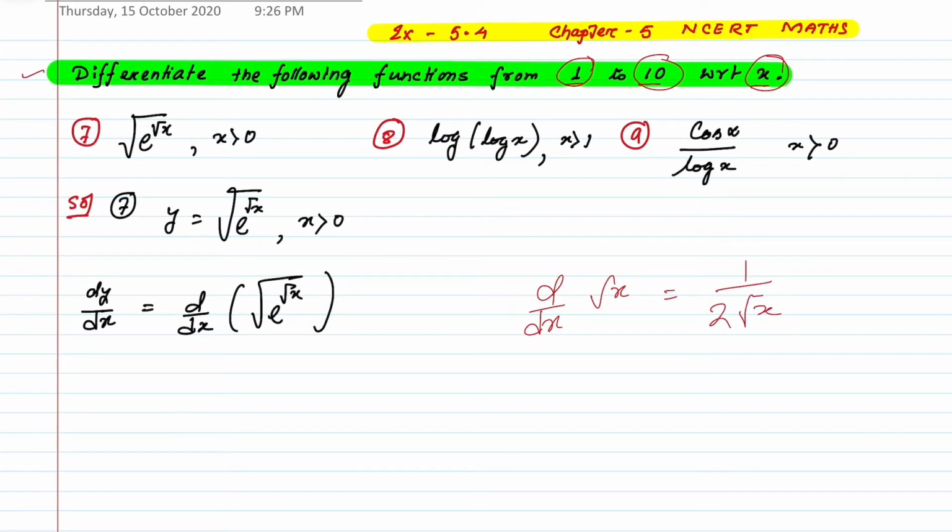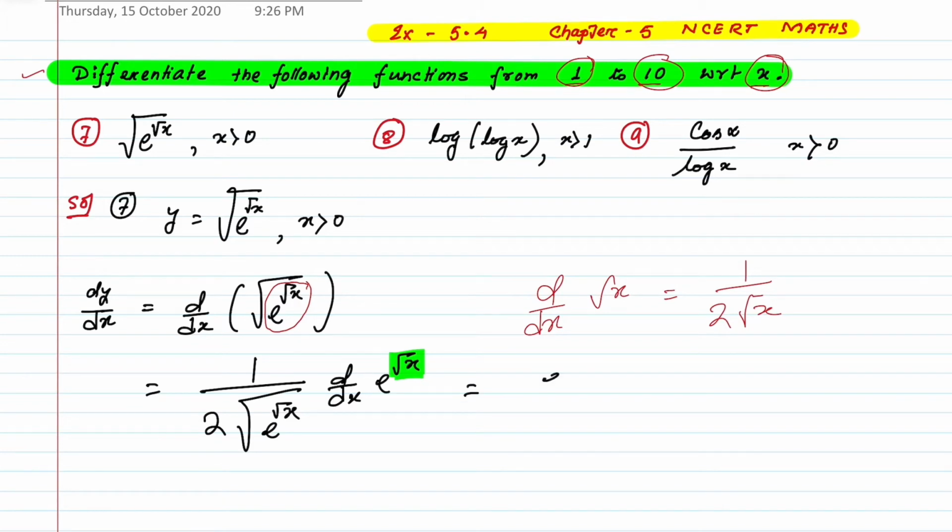If you apply this, then you must get 1 by 2 root e to the power root x. Then after differentiating this, again you have to differentiate the function under the root, that is the derivative of e to the power root x. Now assume this one as x only instead of root x. If you differentiate this, we know the derivative of e to the power x is e to the power x only.